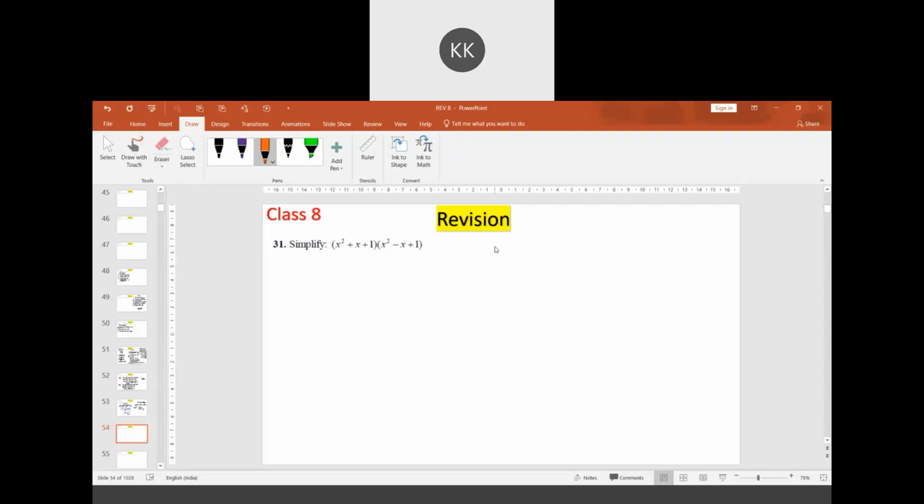Sir, x to the power 4 minus, bracket x plus 1 bracket close and one more bracket close. Sir, x to the power 4 plus x square plus 1. X to the power 4 plus x square minus x plus 2.